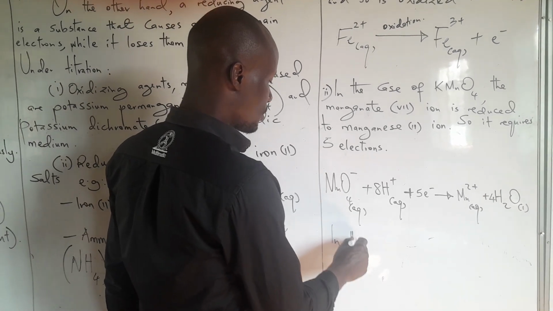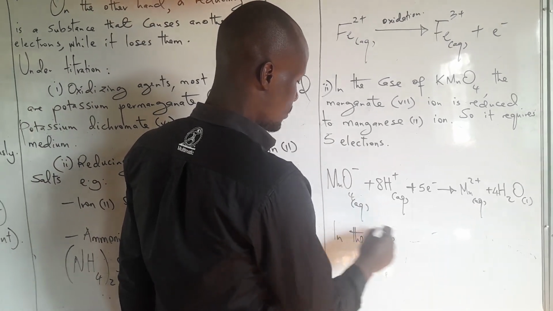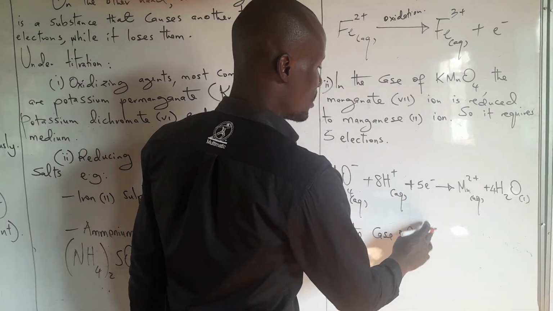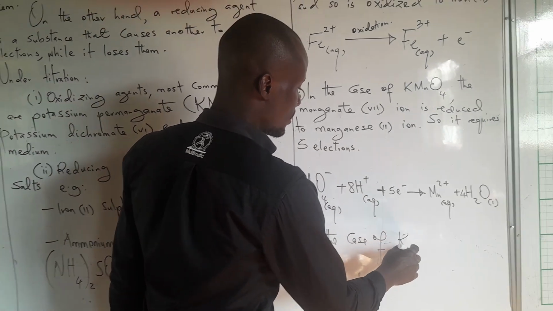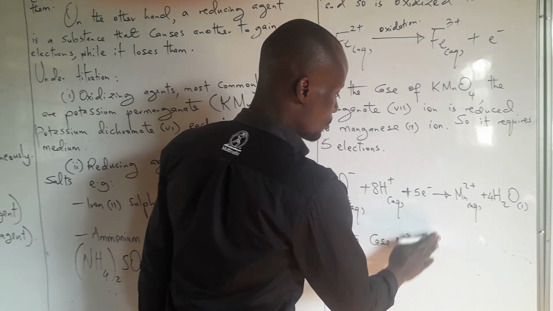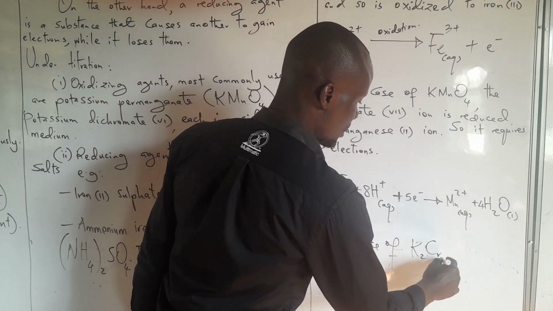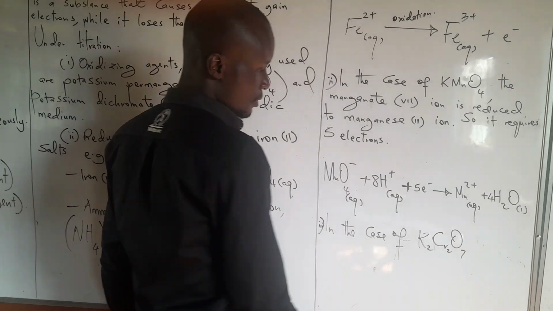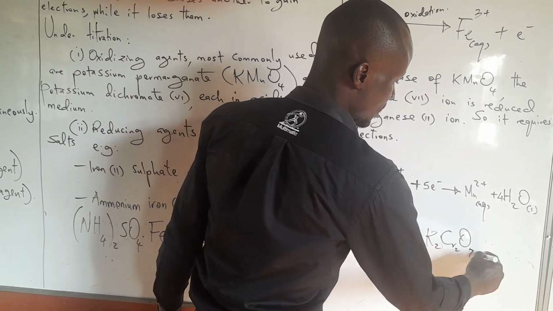In the case of potassium dichromate(VI), potassium dichromate(VI) is written like this.